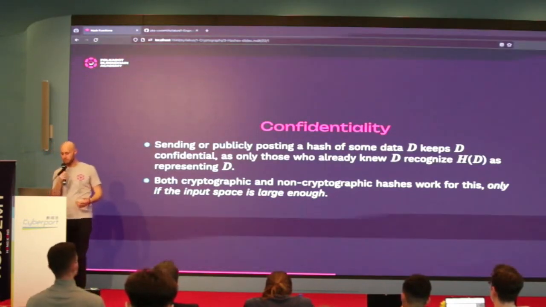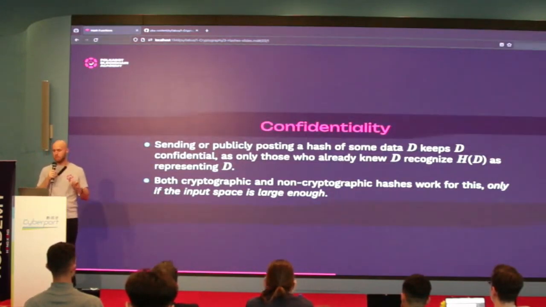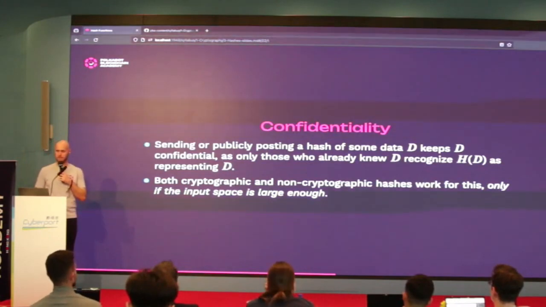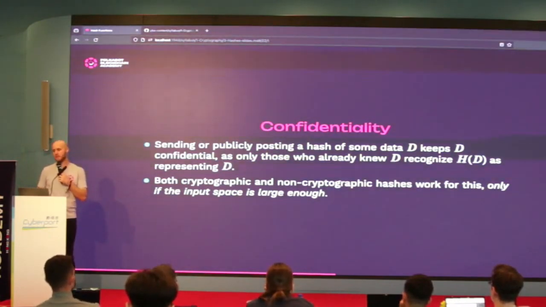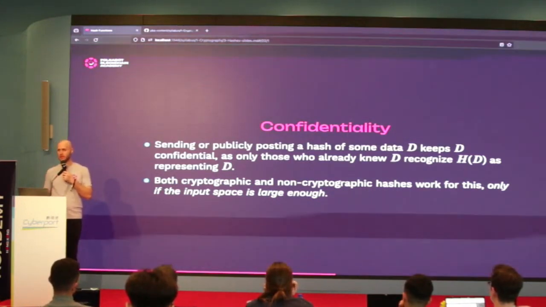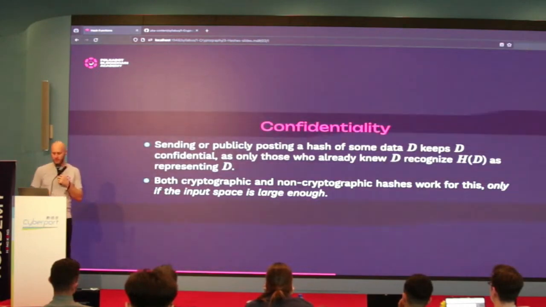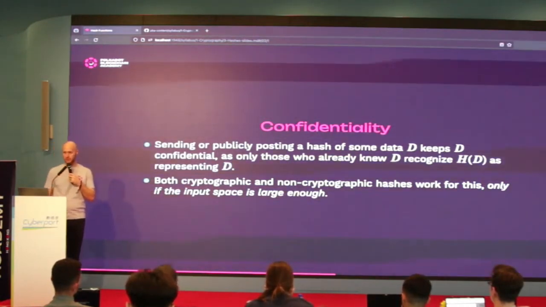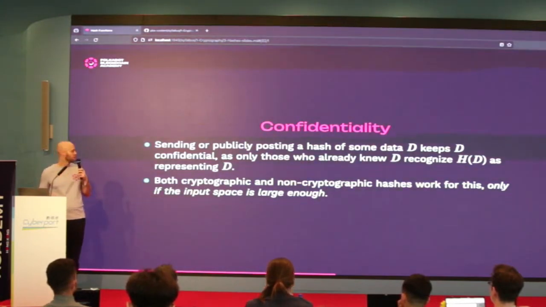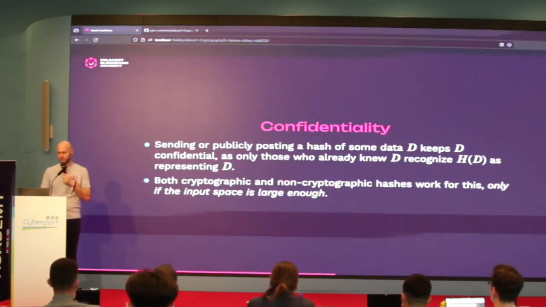So you get this kind of confidentiality principle from that. It leads up to commit reveal, which is another use case I'll talk about in a second. Both cryptographic and non-cryptographic can work for this, because you're just keeping the actual preimage hidden, again with the caveat that the input space is large enough.